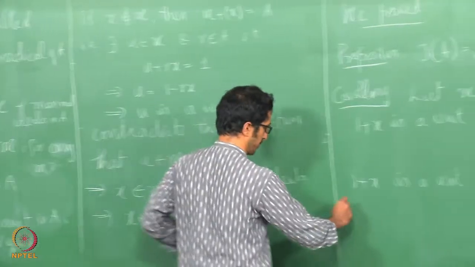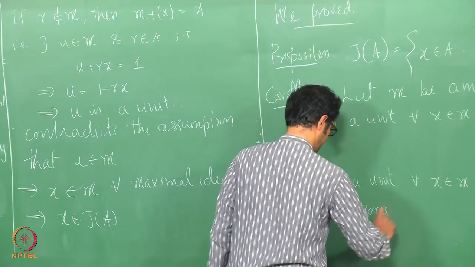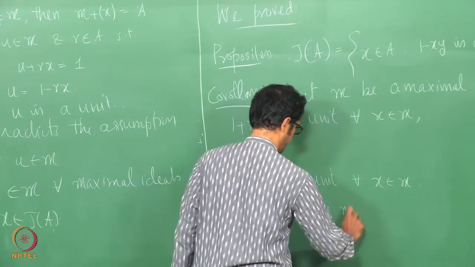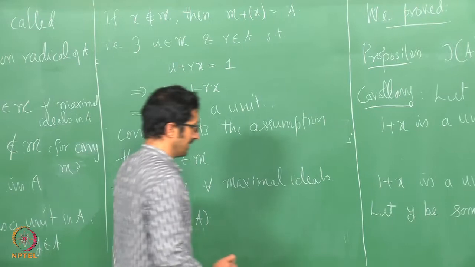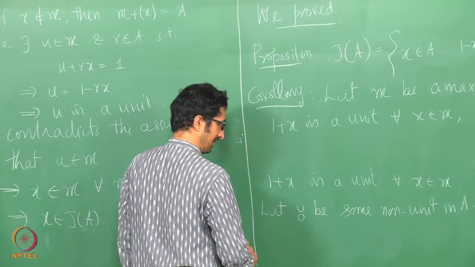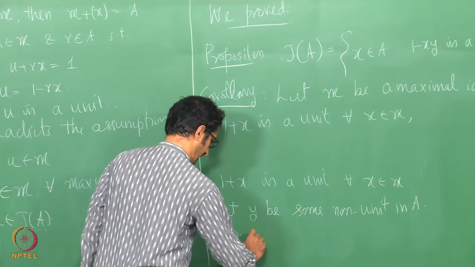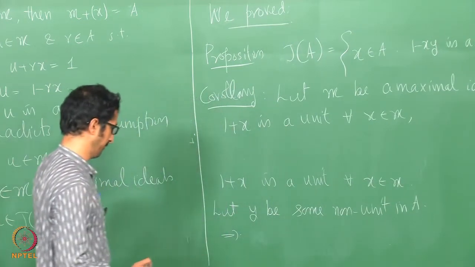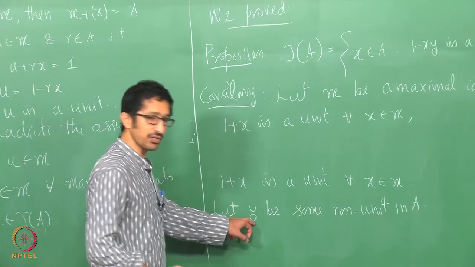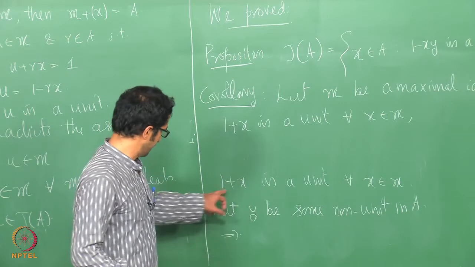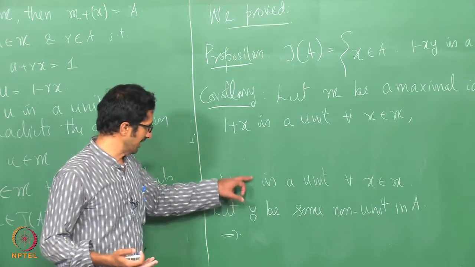So, I start with some non-unit. Let y be some non-unit in A. Then xy belongs to M for x in M. If I multiply with any unit, this will remain a unit.